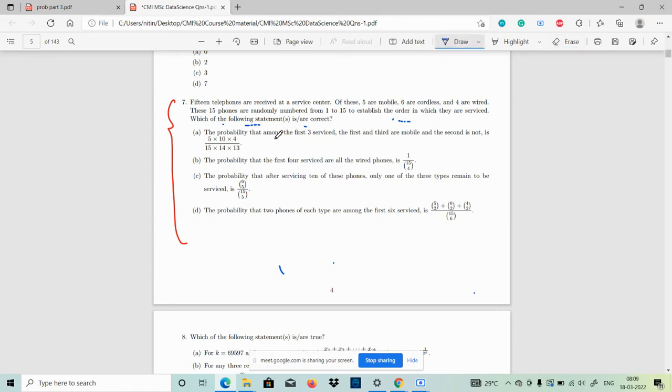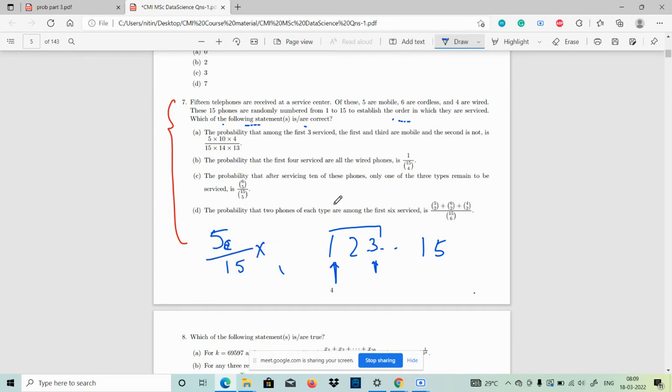The first option is the probability that among the first three serviced, the first and third are mobile, and the second one is not. So let's say these are the numbers 1 to 15, and it is asking that out of the first three, the first and third are mobile. Let's say the first one is mobile. Out of five mobile, you just need to choose one, the 5C1, which is obviously 5 divided by 15.